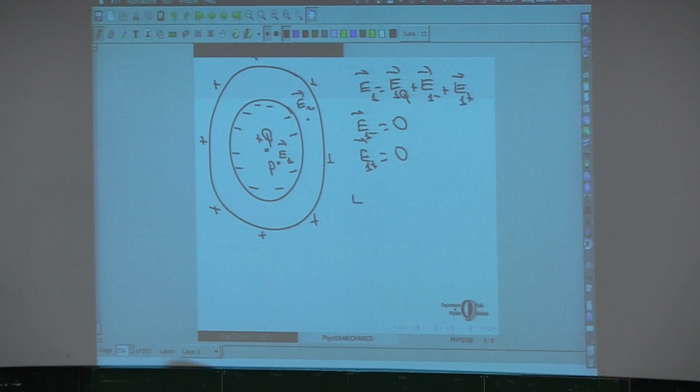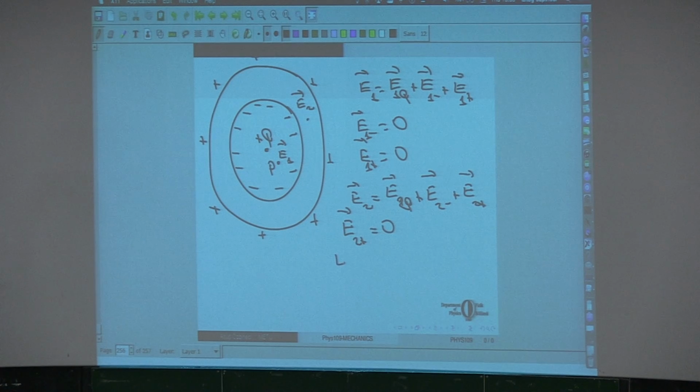Again, the electric field at that point, I can decompose in terms of the electric field created by the Q charge, the electric field created by the negative charges, plus the electric field created by the positive charges at that point. What is the electric field created by the positive charges at that point? 0, because we are still inside the shell which holds the positive charges. So this is 0.